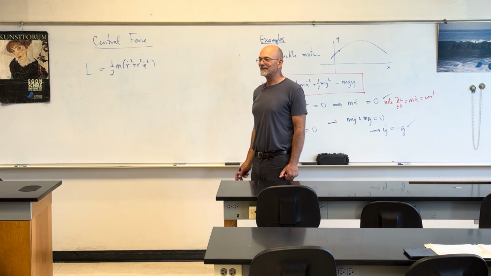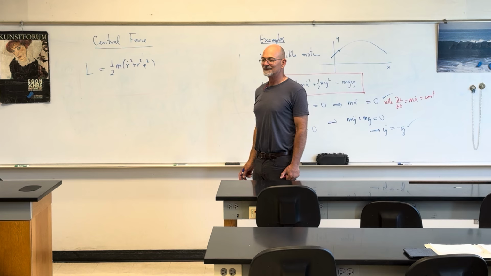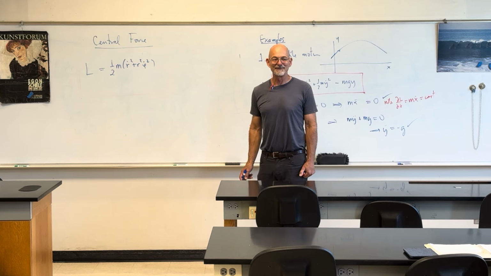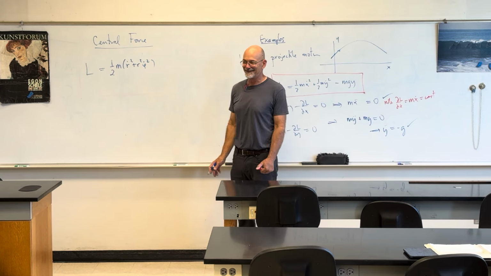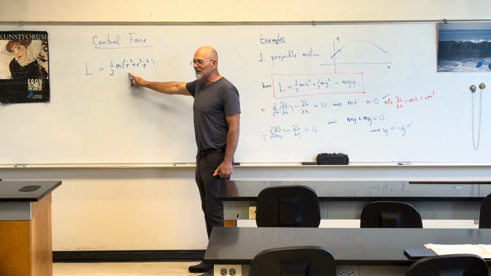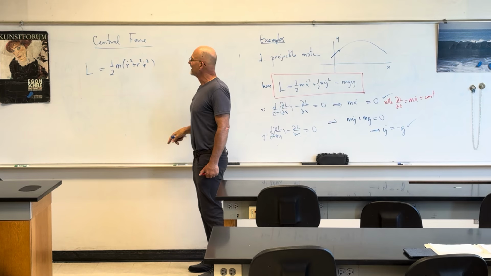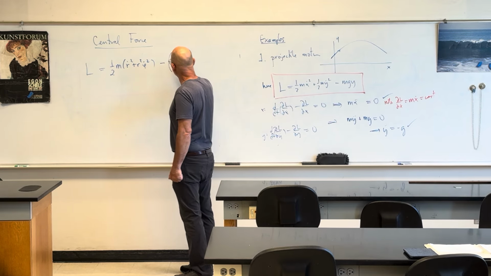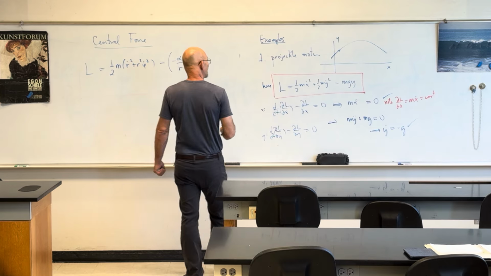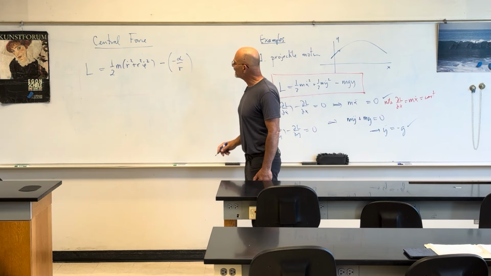No? It's been a long time. It's all coming back to you though, remember that? This was when we had plane polar coordinates and we took the v squared and turned it into that. Now, the central force potential had a built-in minus sign. We said minus alpha over r. That came from that Newton thing I had just written down a minute ago. So yeah, that's the Lagrangian.